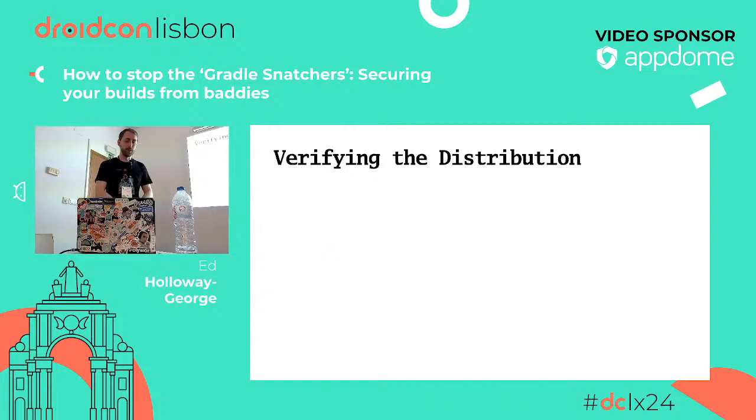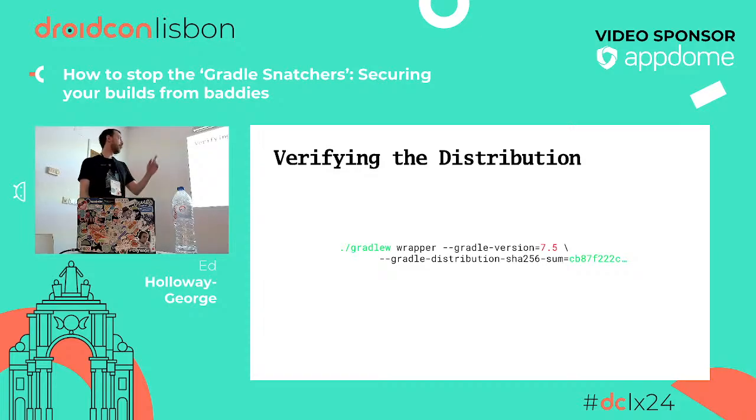However, don't do that, because you shouldn't be editing that file manually. You should be doing it via the wrapper command. So please make sure you are verifying the distribution correctly, and that is by running the wrapper command with your version of Gradle and adding the flag gradle-distribution-sha256-sum with the long SHA-256 value that's relevant to your Gradle version there.